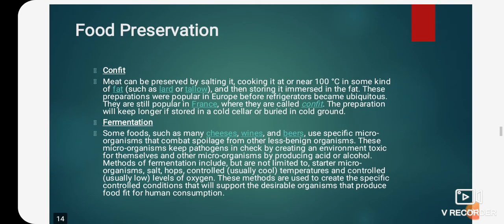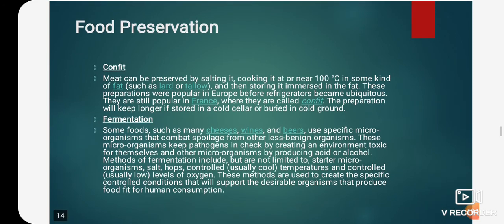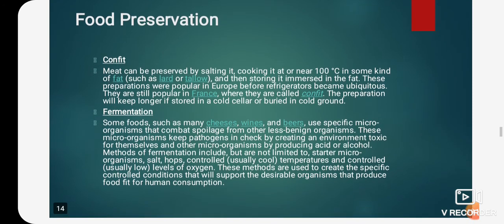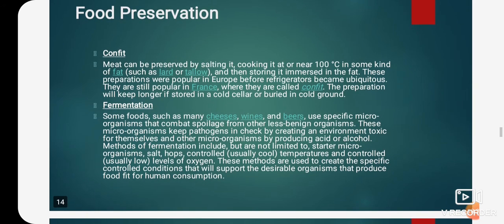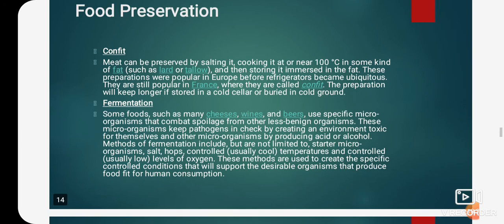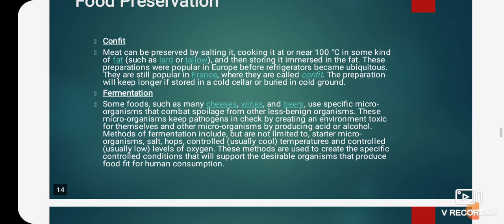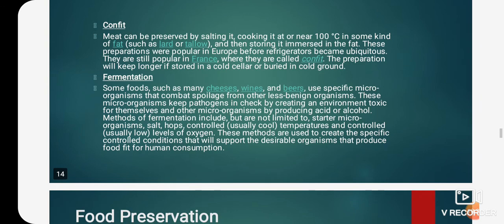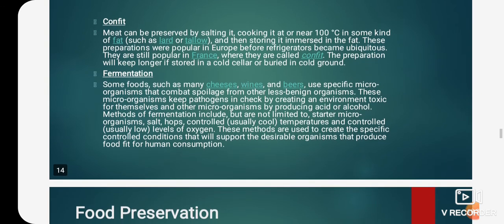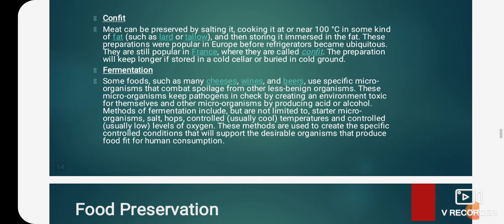Now we are going to study the process of fermentation. Some foods such as many cheeses, wines, and beers use specific microorganisms that combat spoilage from other less benign organisms. These microorganisms keep pathogens in check by creating an environment toxic for themselves and other microorganisms by producing acid or alcohol.